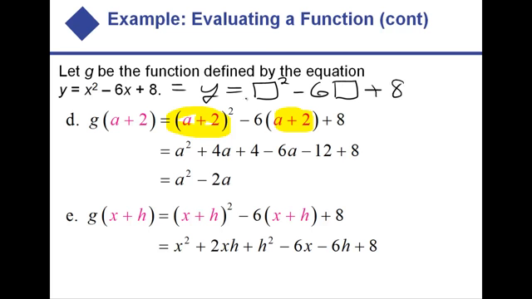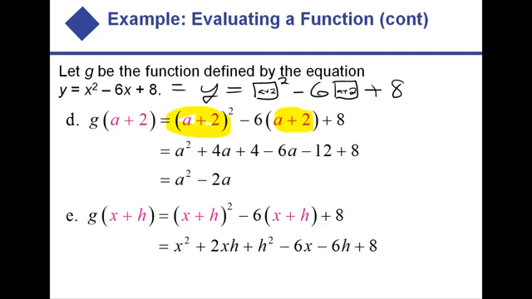And then now you're going to put things in there. So if I put a plus 2 in here, the whole thing's getting squared. If I put a plus 2 in here, the whole thing's getting multiplied by -6. That's what the parentheses do. It reminds you that everything's being put into that x. So it's like you're putting everything into a box or everything into a bucket and doing whatever you need to do to that. And then it's just a matter of doing the math slowly and not making any mistakes.